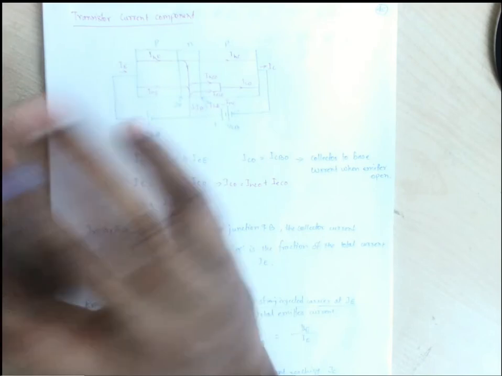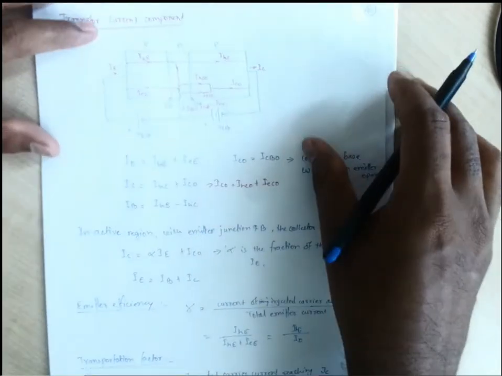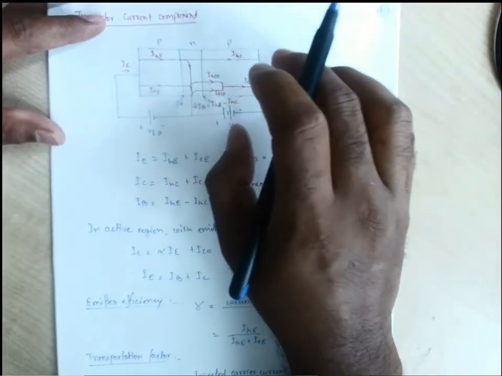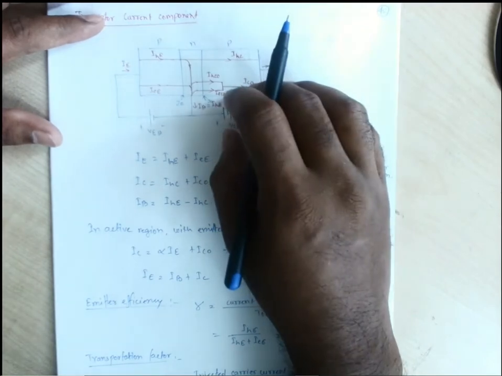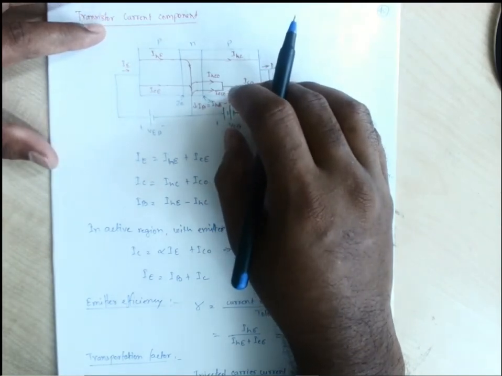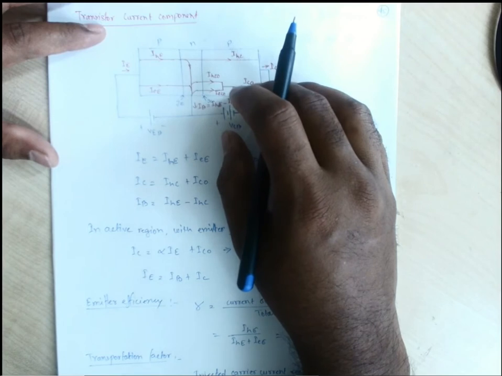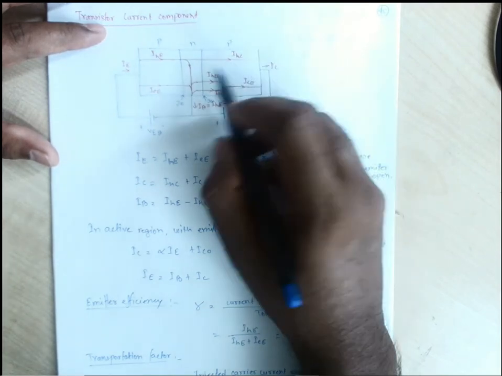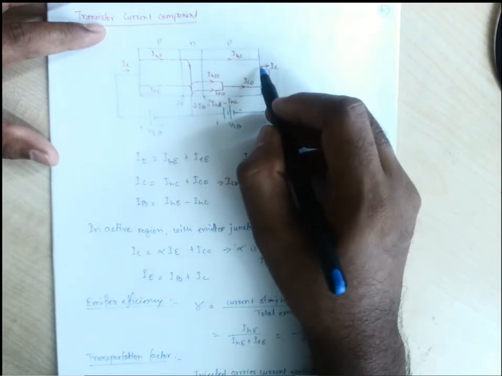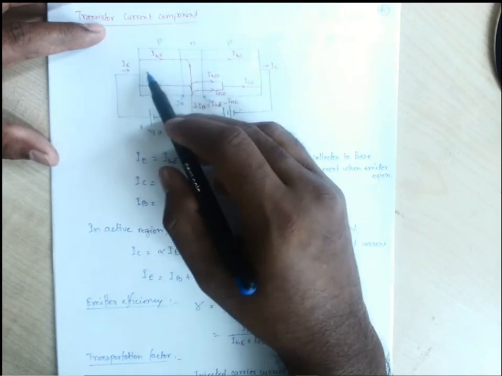So if this emitter current is somehow manipulated, our collector current will also change. So this output current depends upon the input current, which is the emitter current.